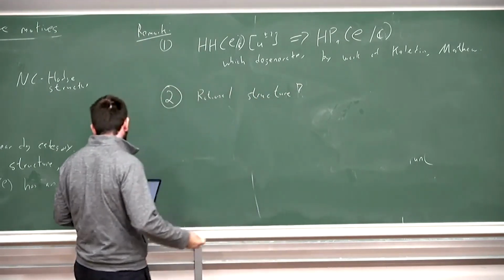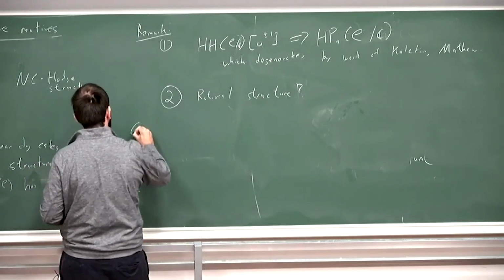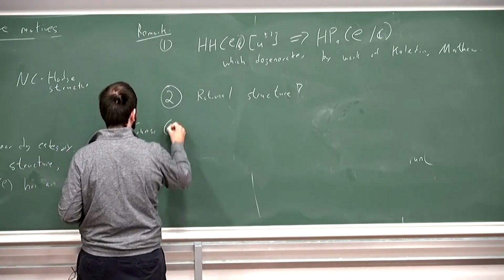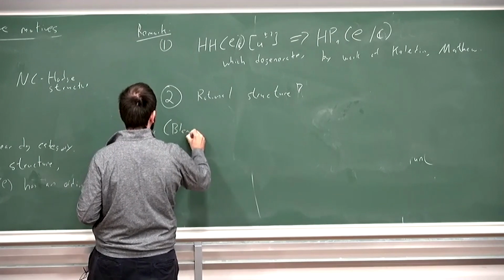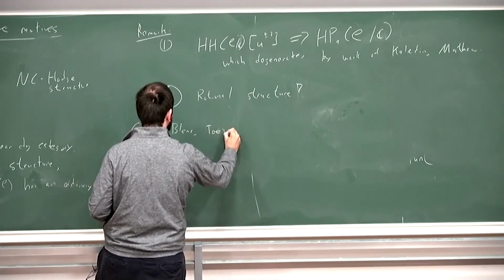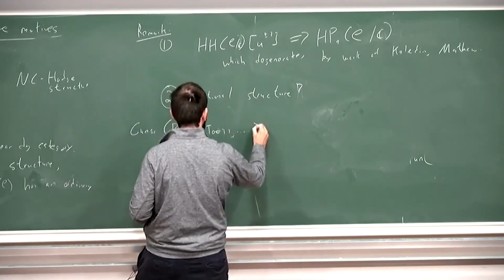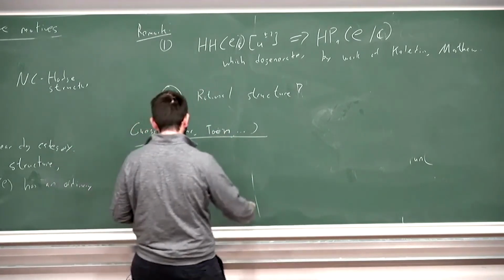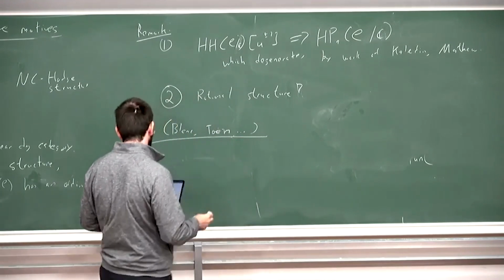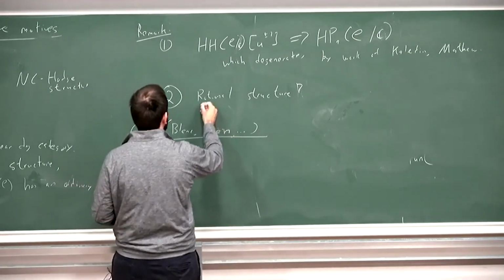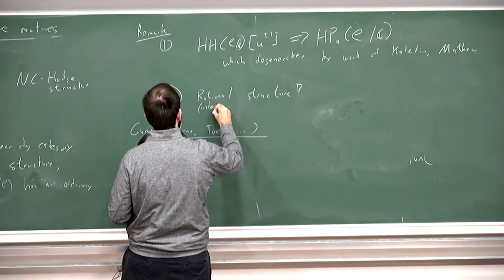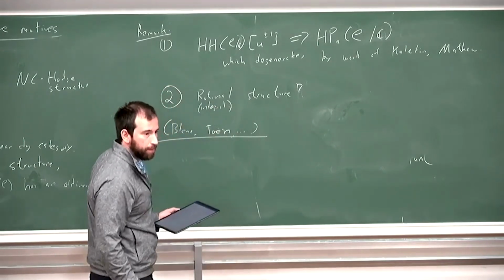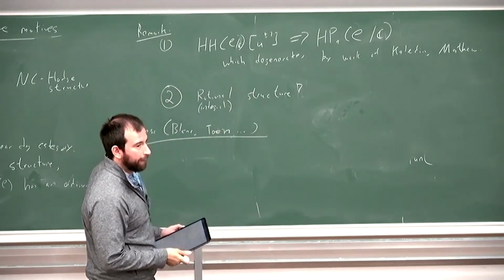And the proposal, or the guess, due to say Blanc, I guess Toen had this idea, others, is the following: that this rational structure, or perhaps even an integral structure. Sorry, I have a question. How does 1 actually answer 1 there?